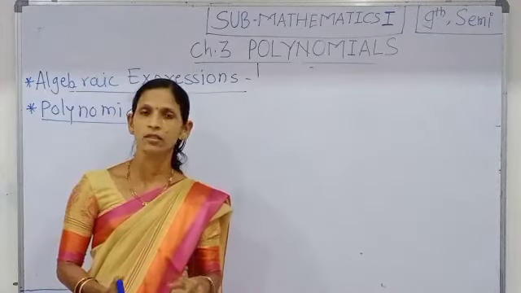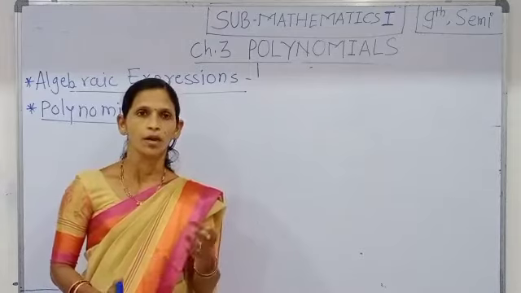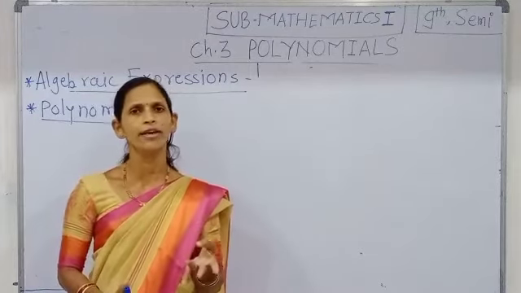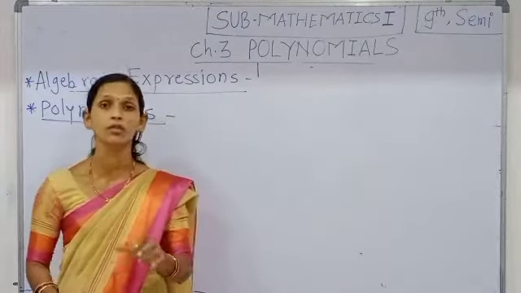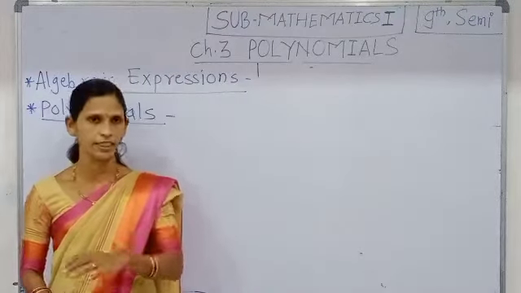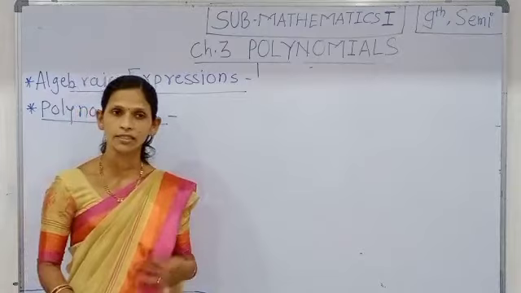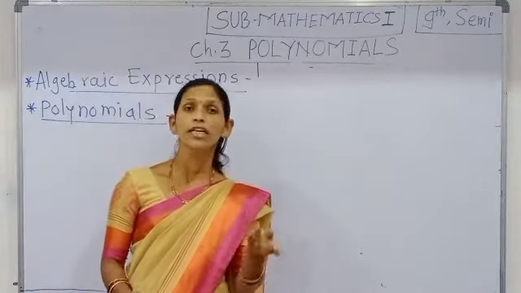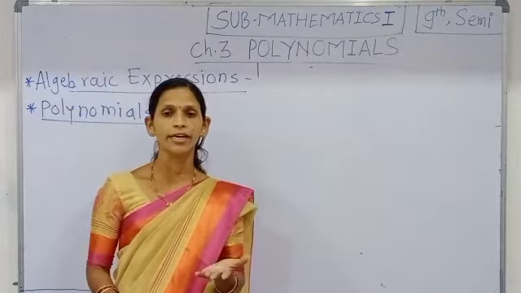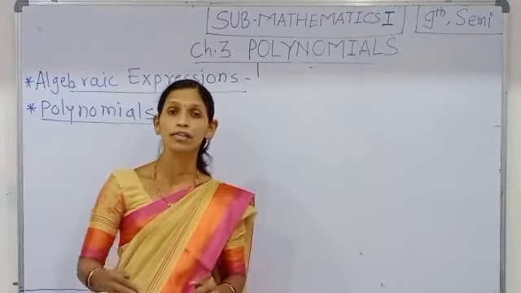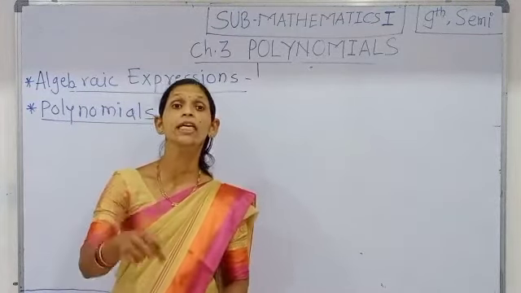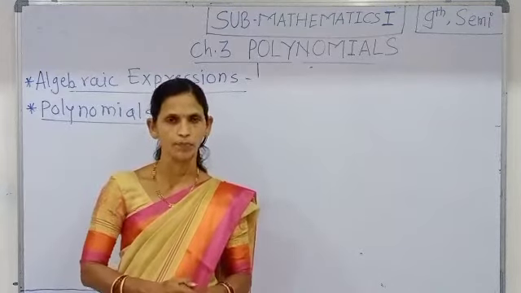For example, monomial, binomial and trinomial are the different types of polynomial based on the number of terms present in them, as well as linear polynomials, quadratic polynomials and cubic polynomials, which depend upon the degree of the polynomial.